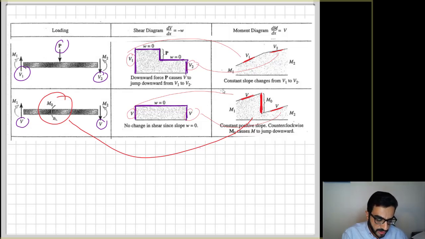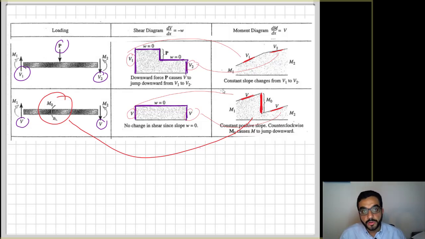So that's it. This video is introducing the basics of the graphical method to draw shear and moment diagrams. We will see in other videos how to apply that in examples. The examples will clarify a lot how we actually apply the graphical method.